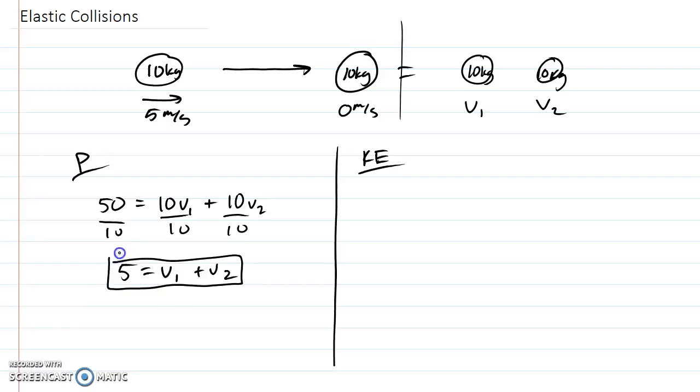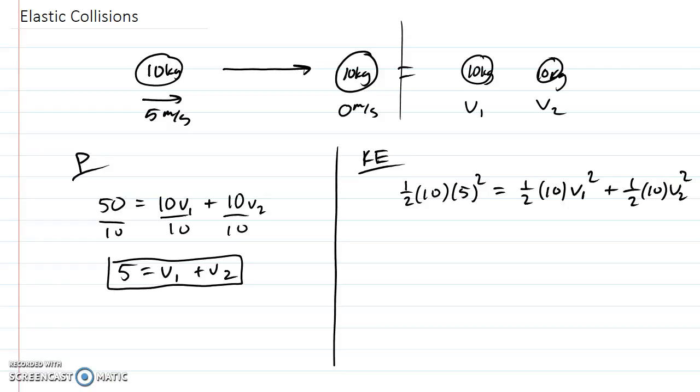Alright. Now, let's go over to kinetic energy. Now, the total kinetic energy is just going to be with this one object that's going towards the other one. So it's going to be 1/2 mass times the velocity squared. But in the end, I should have two kinetic energies for the two objects, and we have to use 1/2 times the mass times the first velocity squared, and for the second object, 1/2 the mass times the second velocity squared.